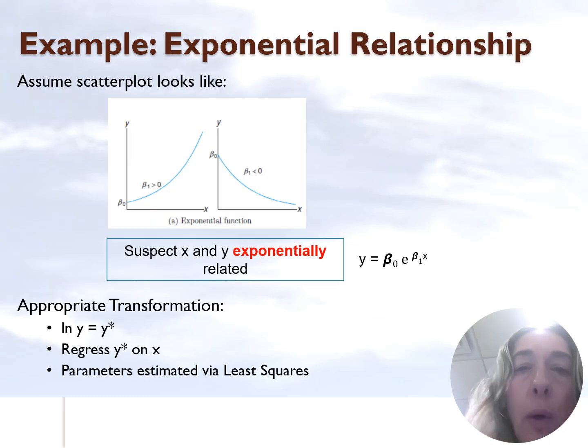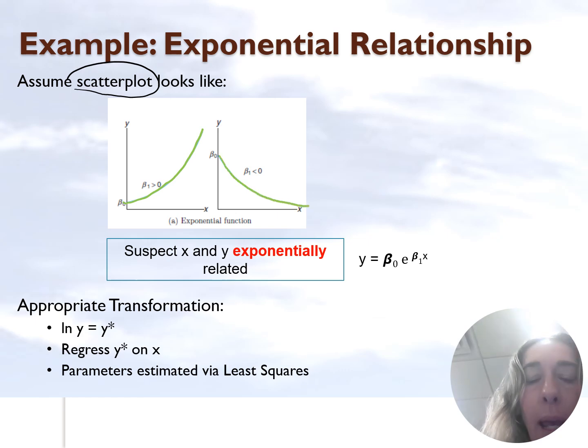Okay, so another example. Let's say you create a scatter plot of your data, and you get a plot that looks curved as such.